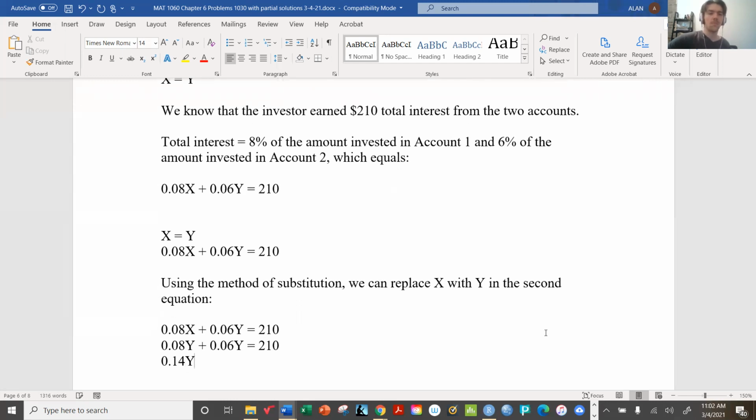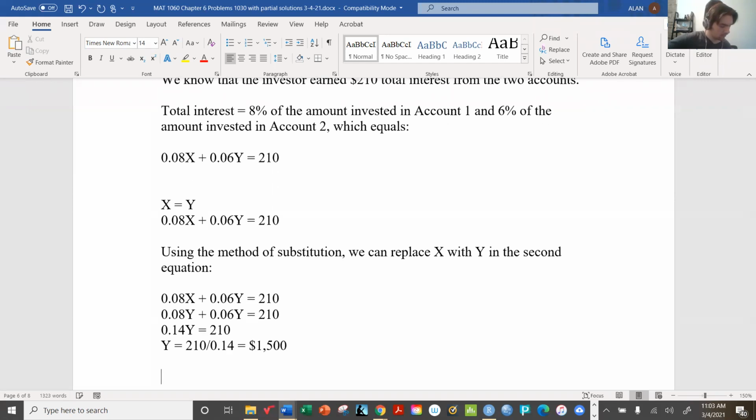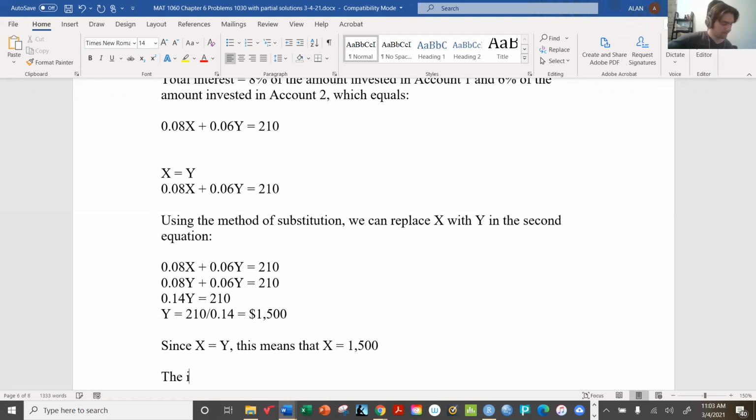And that tells me that 0.14y equals 210. And therefore, y must equal 210 over 0.14, which turns out to be $1,500. Okay, now, since x equals y, that means that x also equals 1,500. So the bottom line is the investor has put $1,500 in account 1 and account 2.